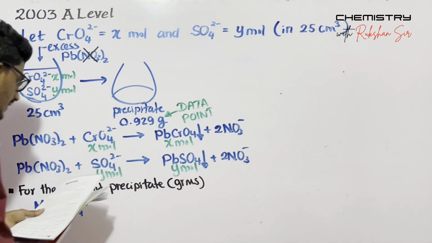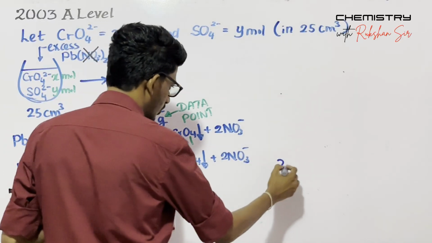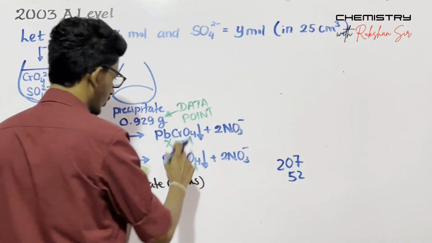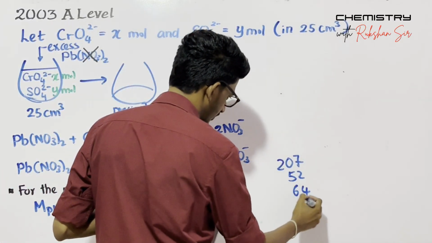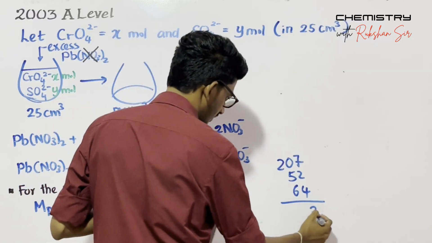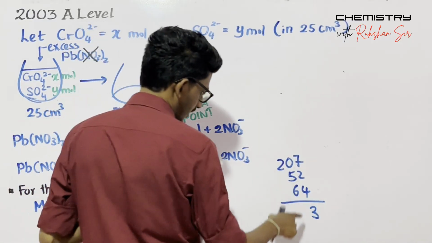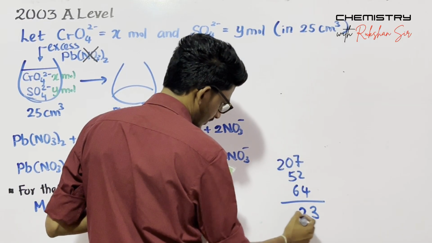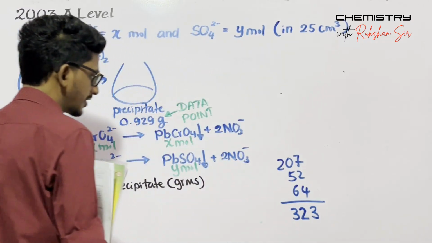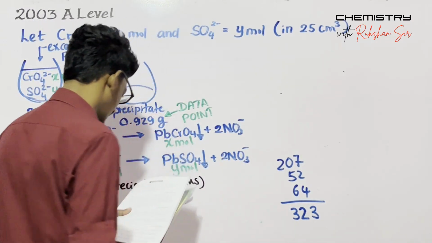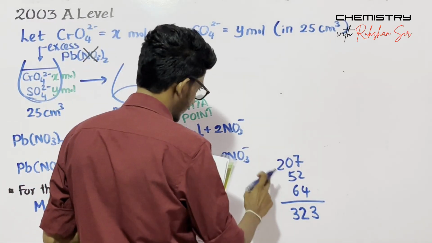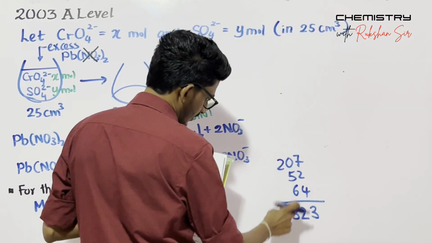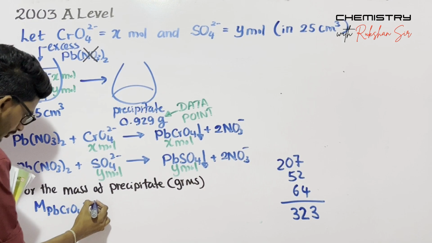Lead chromate: lead is 207, chromium is 52, and 4 oxygens, 16 into 4 is 64. So the total is 323.